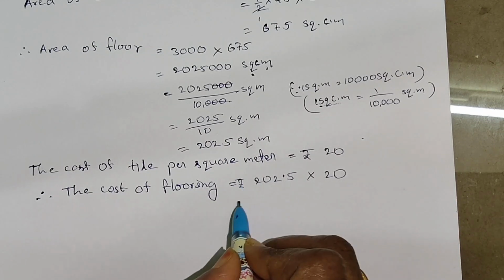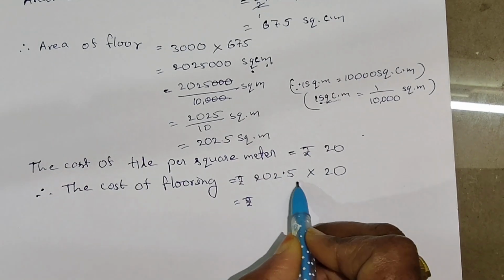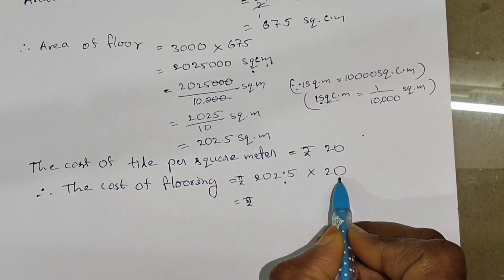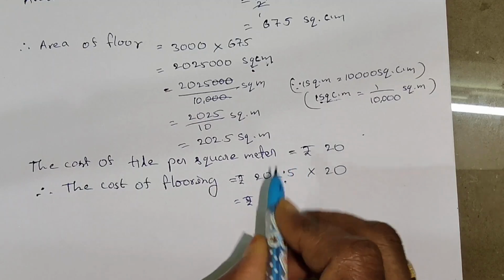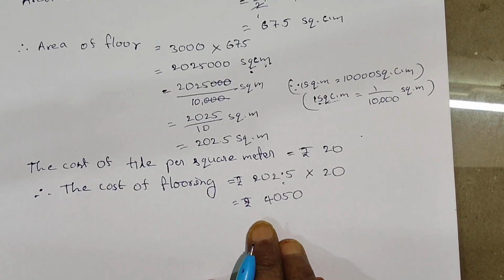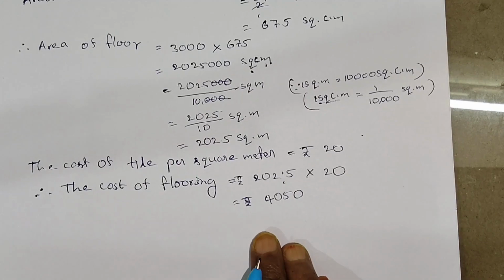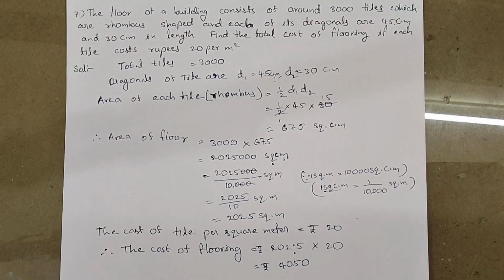Now multiply these two. One digit before the point is there, and the 0 of 20 is there, so that cancels. Next 2 multiply with this number, so that equal to 4050 rupees is the total cost of the floor. So this is the complete 7th answer.